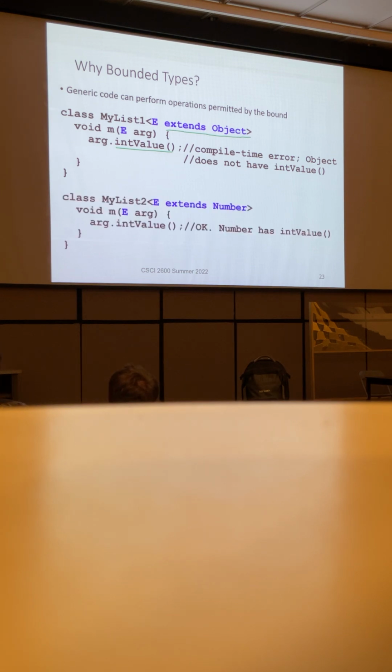So if you have E extends Number, then you know that whatever your MyList2 is instantiated with, whatever the type argument is, it is Number or a subtype of Number. And all of them, both Number and all its subtypes, would have intValue. So this is okay.